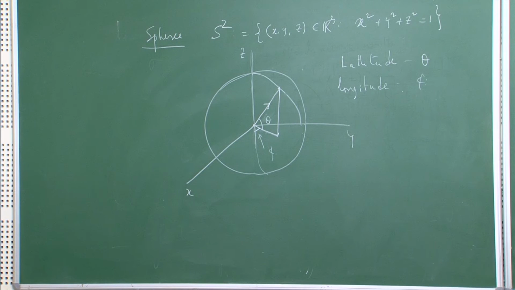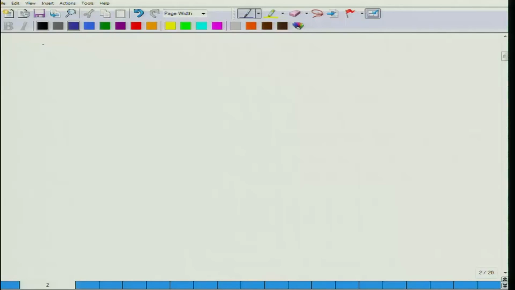And how do you cover it? What is the range of theta? So, to cover S2, the sphere, you take theta in the open interval, sorry, I should make it open.